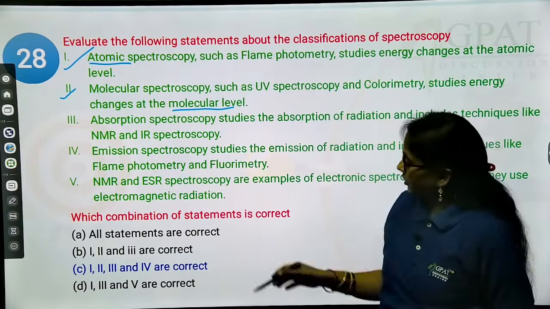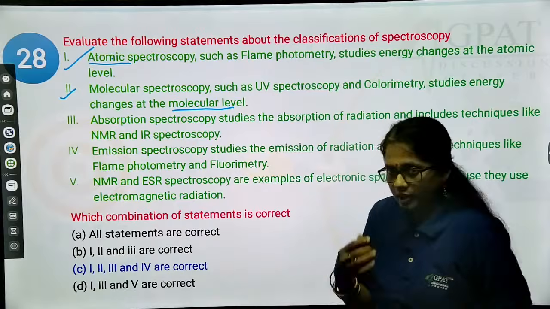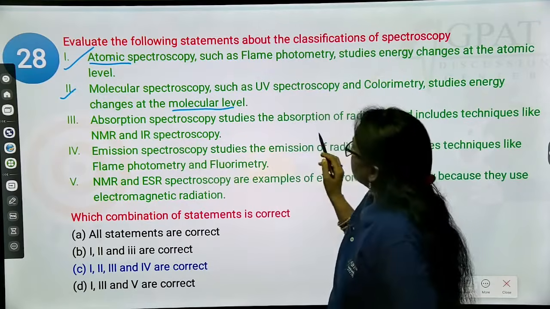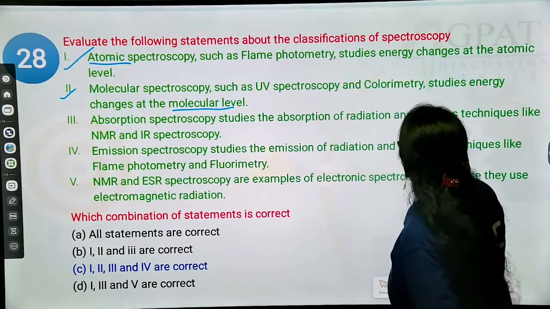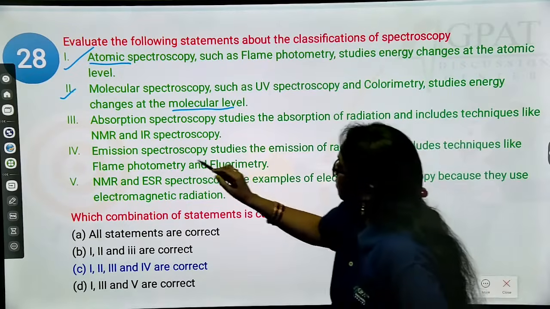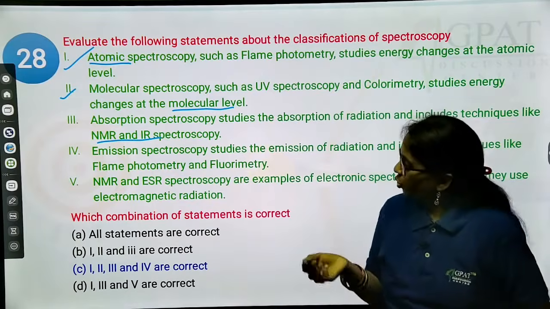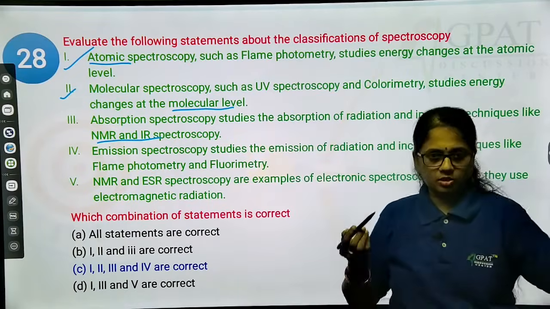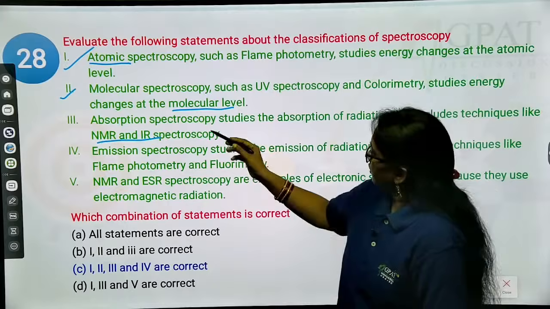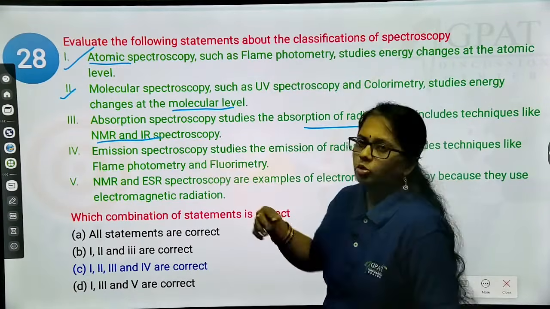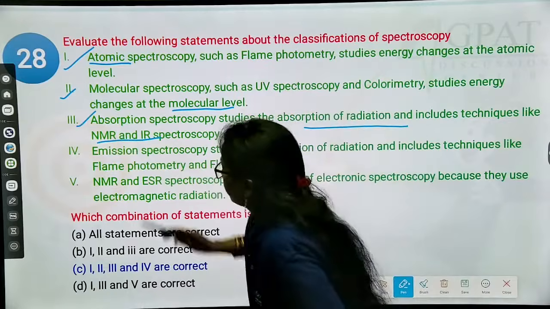So which are correct? They are asking about the correct statements. This is also right. Absorption spectroscopy studies the absorption of radiation and includes techniques like NMR and IR. Okay, UV and fluorescence are also there, but this studies the absorption and includes the techniques. Those two are also right statements.